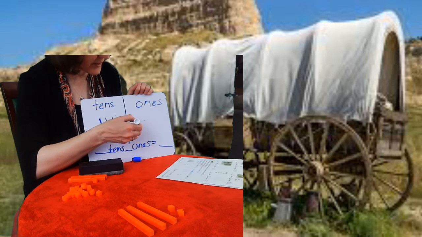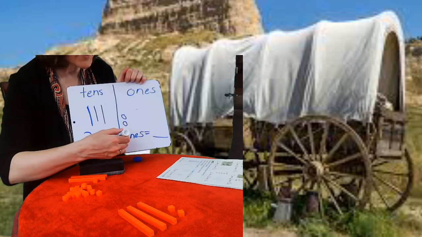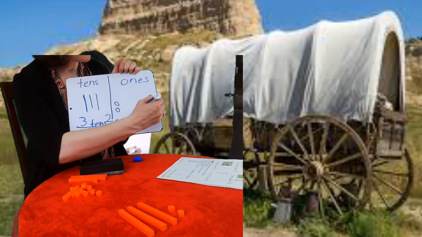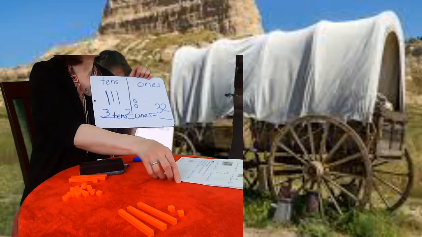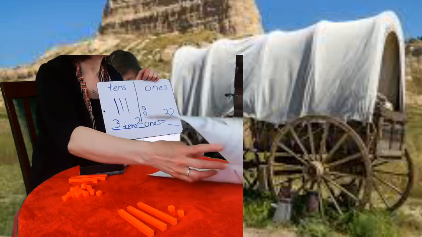That would be our 2 counters. So we would write 3 tens, 2 ones, 10, 20, 30, 31, 32. Excellent. Flip to your last page of this. If you understand it, you won't have to do the homework later, but let's do one more page.